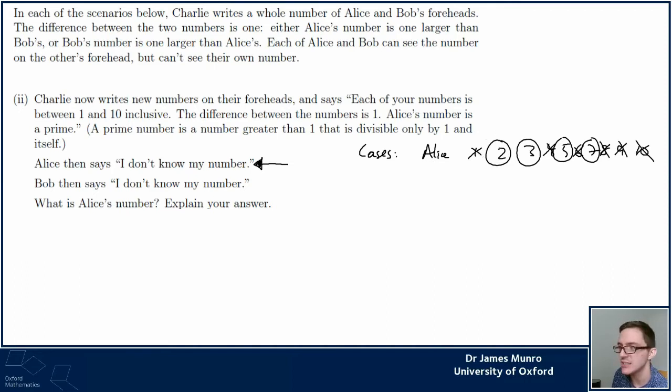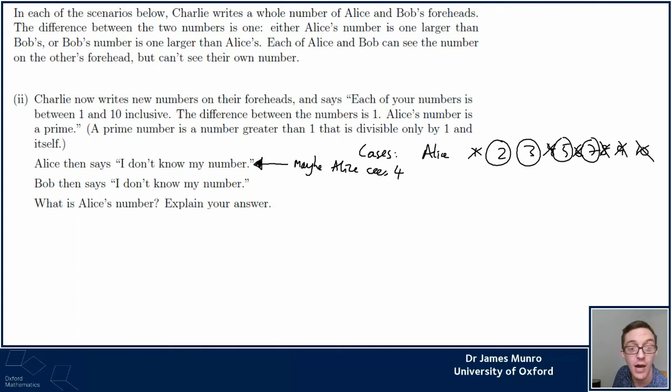If Alice sees the number 2, then she would know that her number is 3, because the only one of her possibilities that's 1 away from 2 is the possibility of 3. If Alice sees the number 3, then she would know it's number 2. If she sees 4, well, that would make sense, that she wouldn't know if it was 3 or 5. So maybe Alice sees 4. Yeah, it's going to be adjacent to 2 prime numbers.